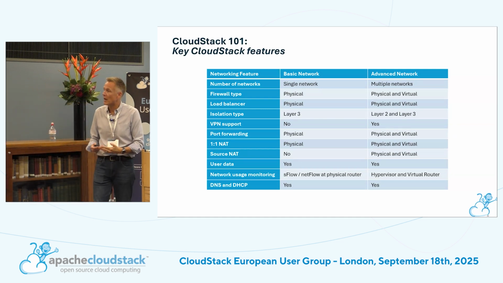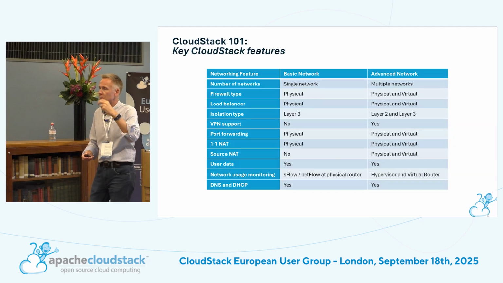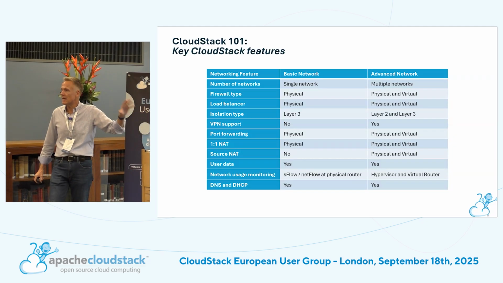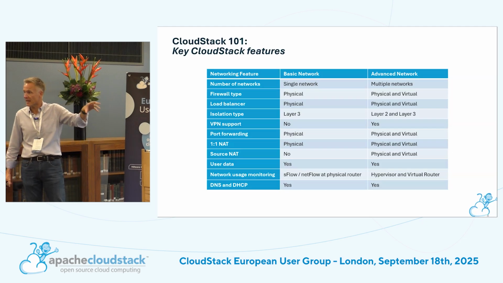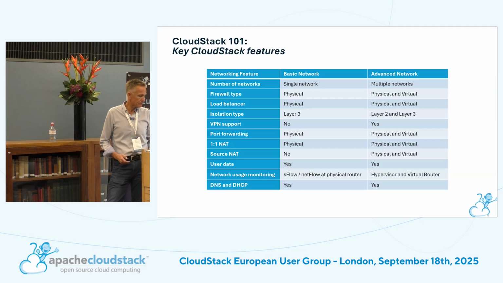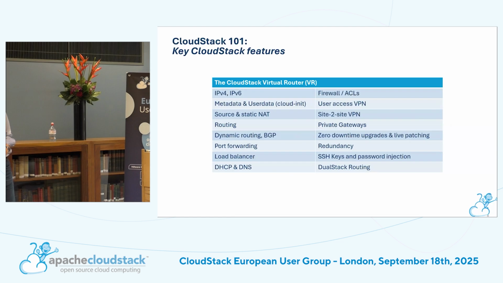And with CloudStack, by the way, if you are new to CloudStack, these aren't all modules you've got to install, where you've got to install this bit, then this bit, then this bit. Everything we're talking about today is part of the single installation of CloudStack. All right. So that's just a couple of slides about the native networking capability, before we talk more about the more advanced solutions that are perhaps integrating with CloudStack in the latest versions of CloudStack.